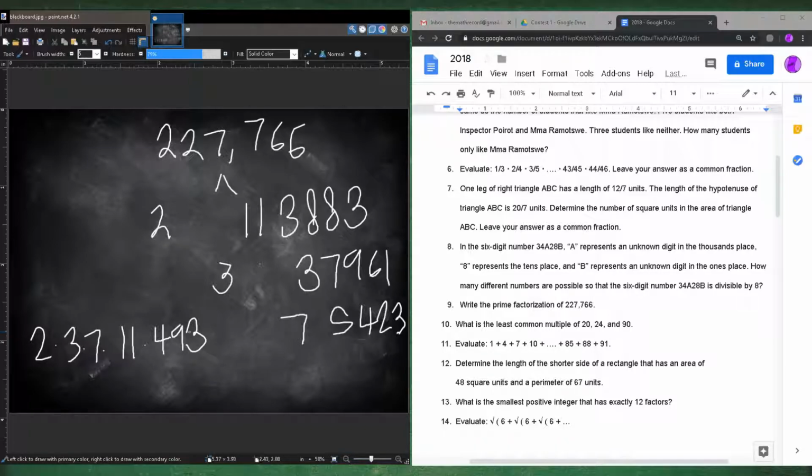So is 493 divisible by 17? Okay, 17 works. So we have 2 times 3 times 7 times 11 times 17 times 29. So that's our answer.